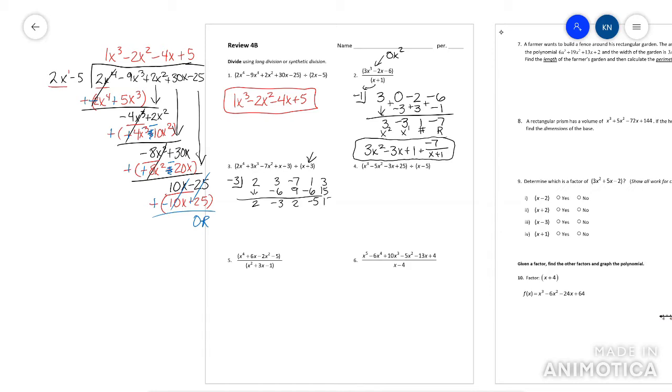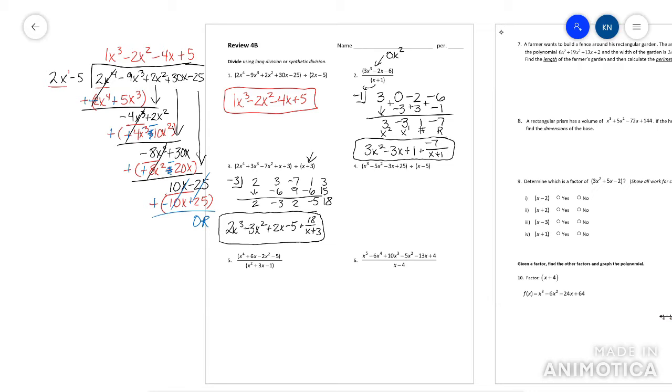All right. So this one's going to be 2x³ minus 3x² plus 2x minus 5 with a remainder of 18 over, I was dividing by, x plus 3. Just like that.